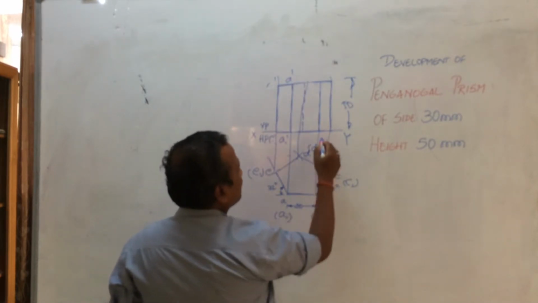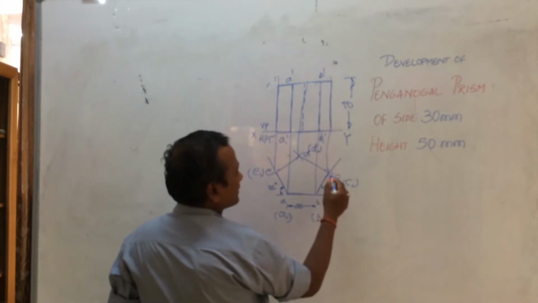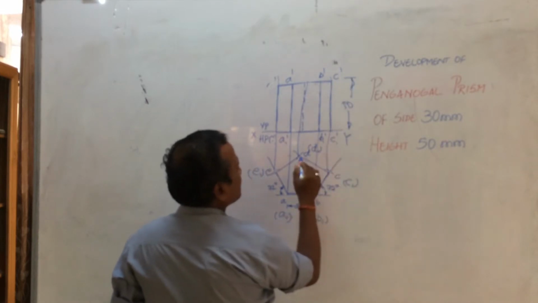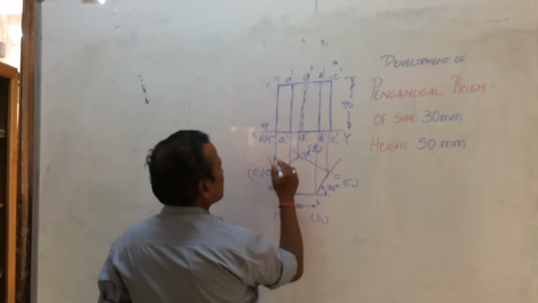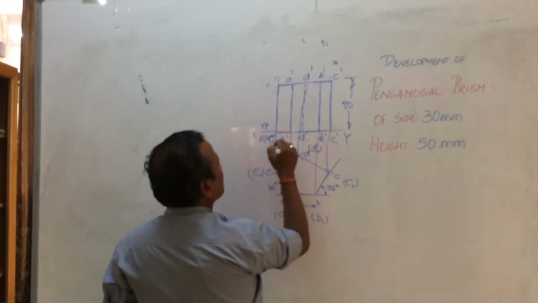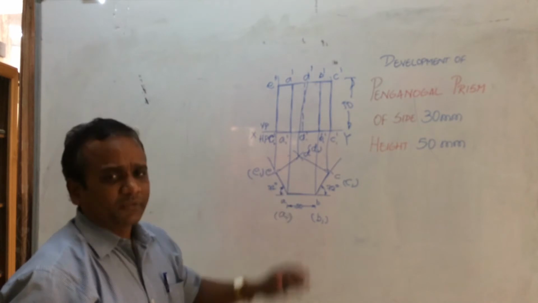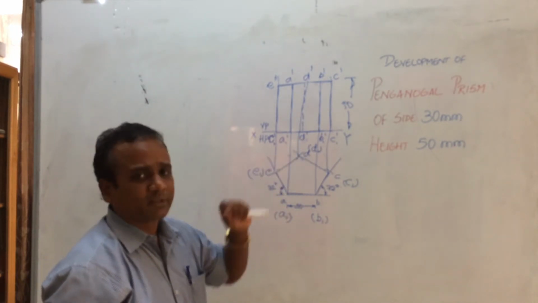In a similar way over here, B1 dash, B dash, this line refers to this. C1 dash, C dash, this one, D1 dash, D dash, this one, E1 dash and E dash. This finishes the preliminary condition of developing the pentagonal prism.